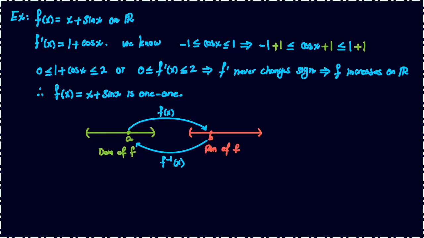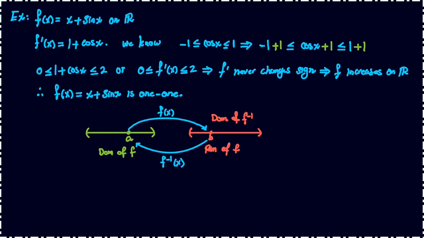Notice that b comes from the range of f. It is actually also the input of f inverse of x. So the red set is also called the domain of f inverse, and A is the output of f inverse, and outputs are in the range of the function.